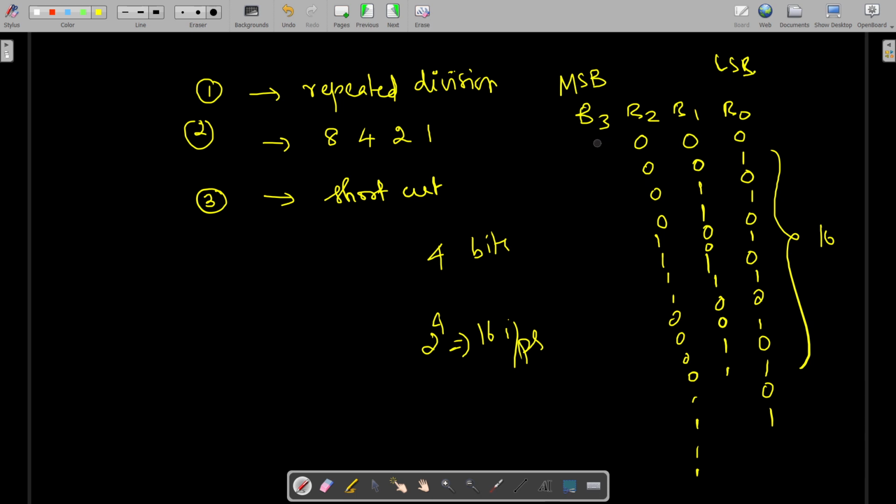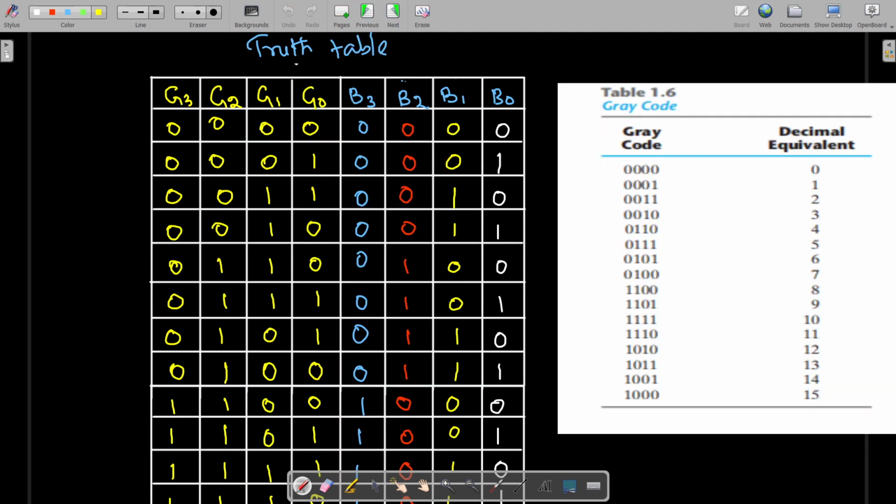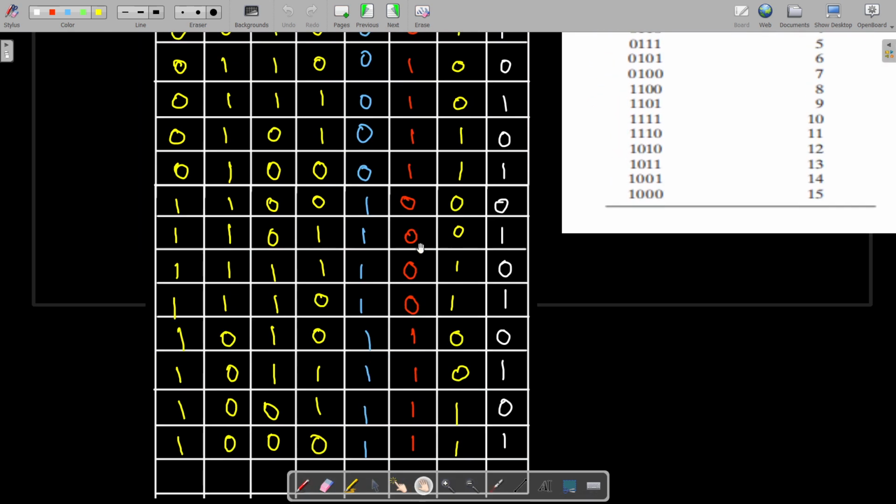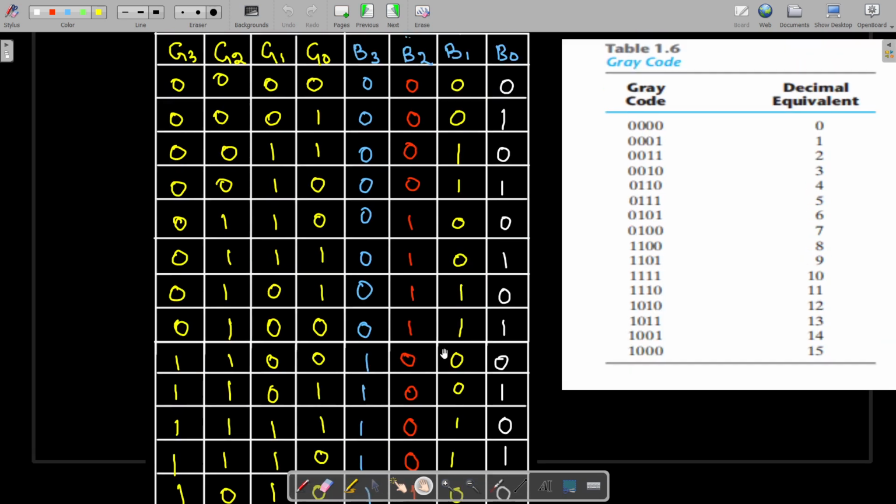For MSB, you have to place 8 zeros here, followed by 8 ones. In that way you can write all the values. So this is the easiest way, or the shortcut method.